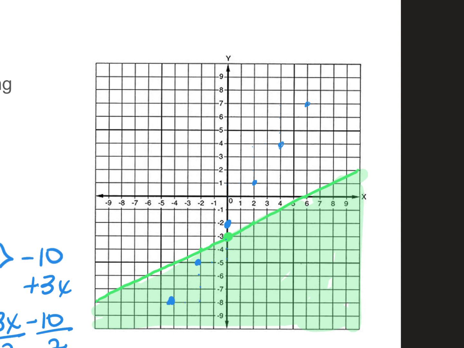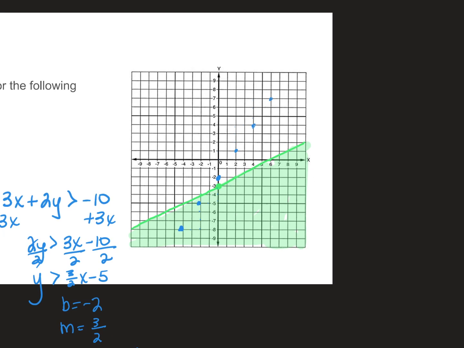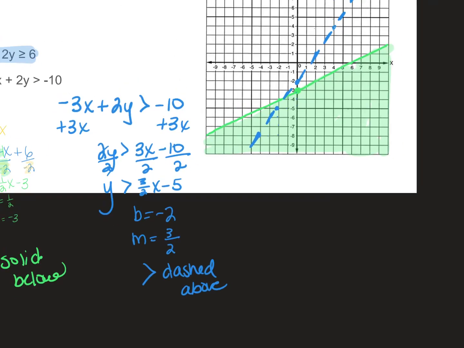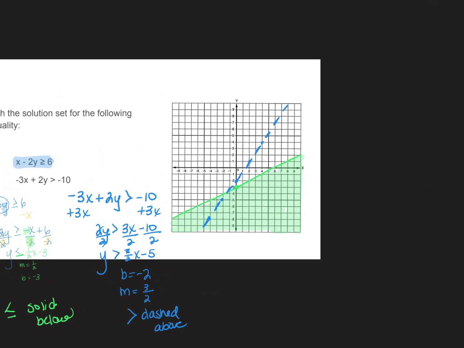Now that I have my y-intercept, I have my line. It's going to be a dashed line. Do our best to get a dashed line going through those. And we said it's greater than, so we're shading in above.